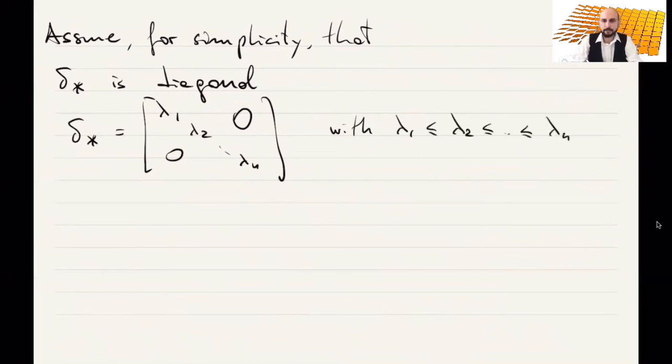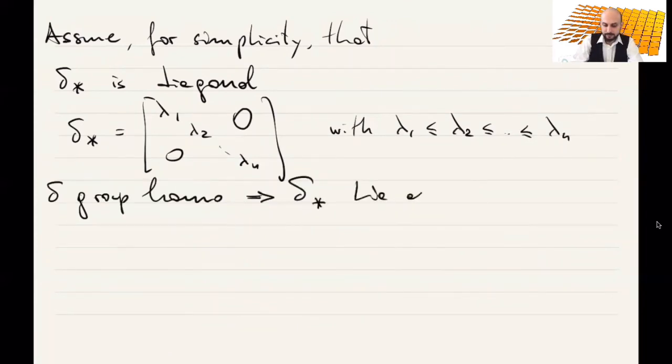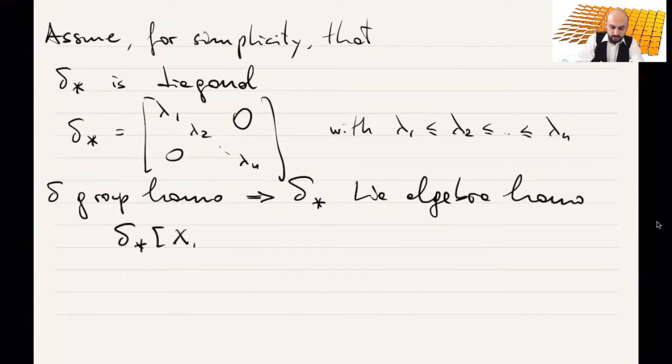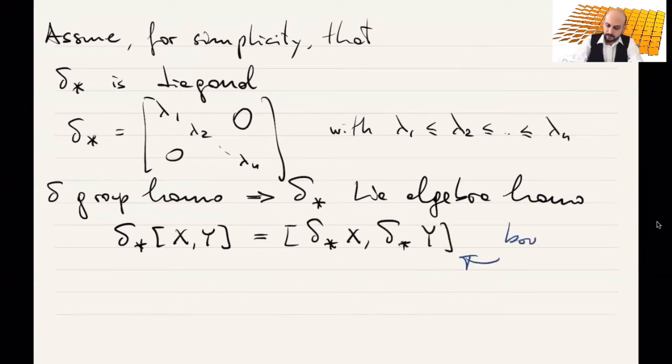Now, the fact that delta is a group homomorphism will imply that delta star is a Lie algebra homomorphism. In other words, delta star of the bracket of two vector fields is equal to the bracket of the pushforward vector fields.